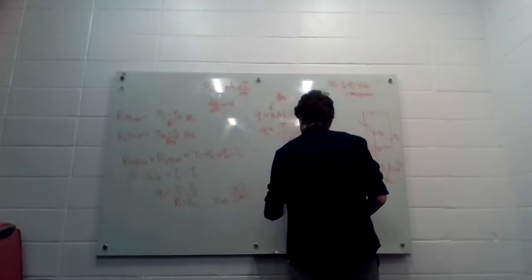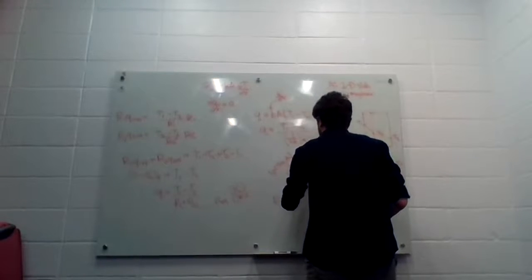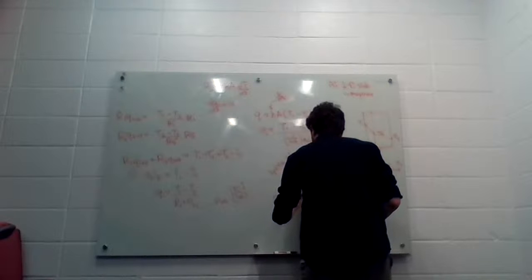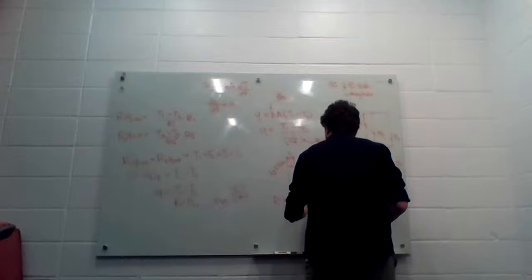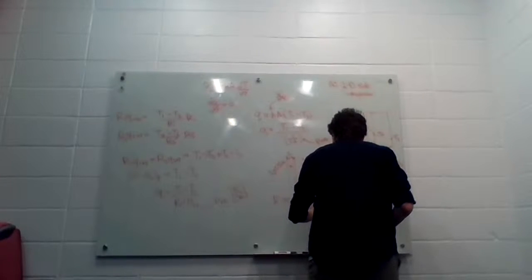So R equals 1 over HI A plus L over K A plus 1 over HO A.